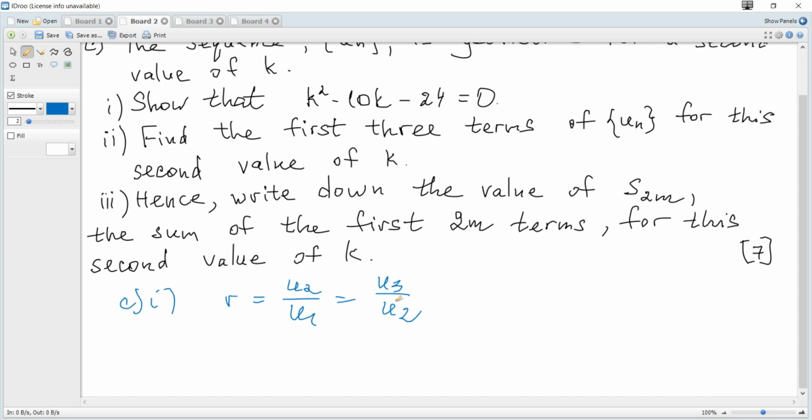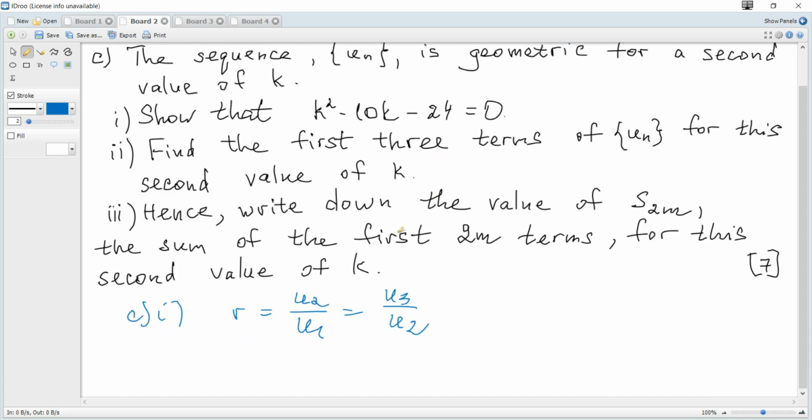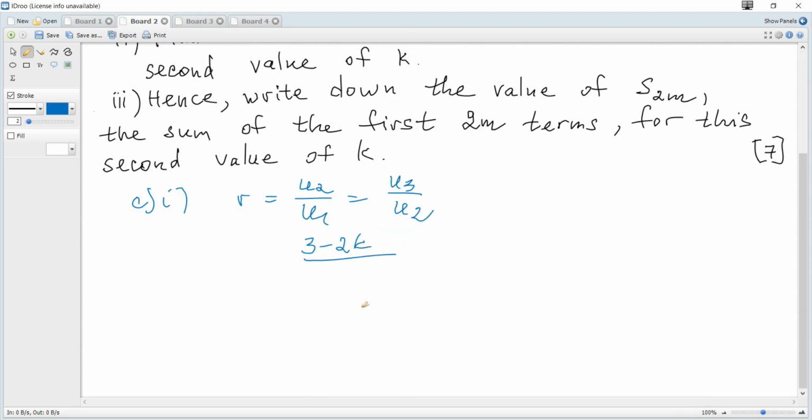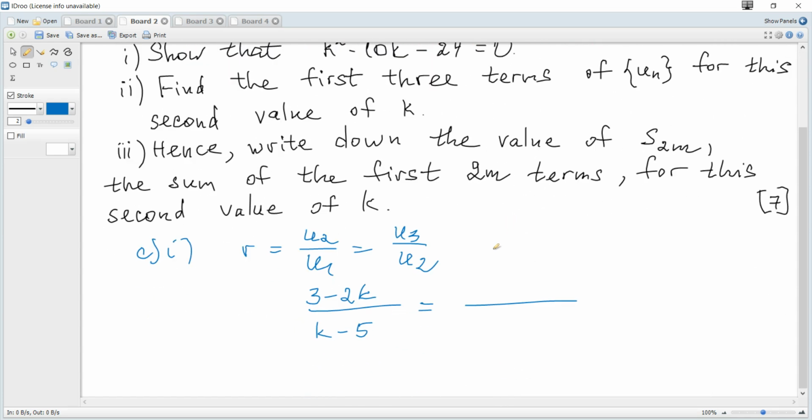So (3 minus 2k) divided by (k minus 5) should be equal to (5k plus 3) divided by (3 minus 2k).